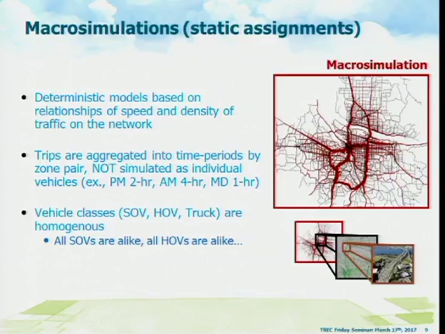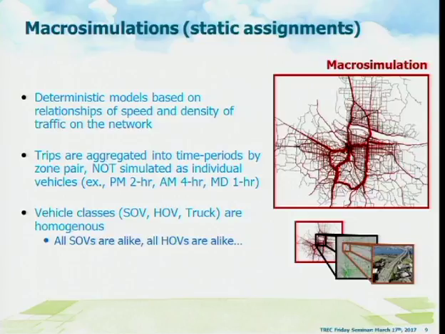So there's basically three very broad resolutions of assignment models. We start at one end, which are the macro simulations, or the proxy here will be static assignments. These are deterministic models, meaning that you put the same inputs in, it does the same math, you get the same output. They're based on relationships between speed and density on your network.